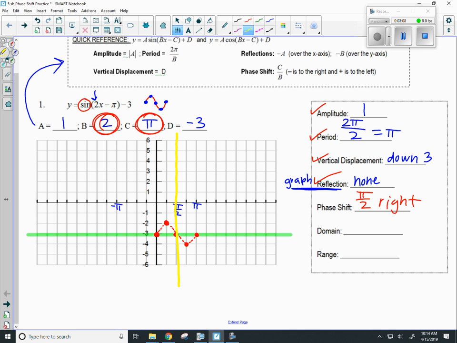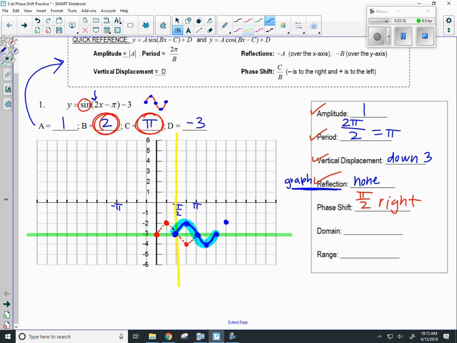So I like to draw in a new starting point for that as well. I think that makes it a little bit easier. Or you can just count and move every point over to the right too. Basically, I'm going to recreate that first cycle of the graph now from that new midpoint. And that's where our graph's going to end up. So I'm going to highlight that, showing that that's our first cycle.